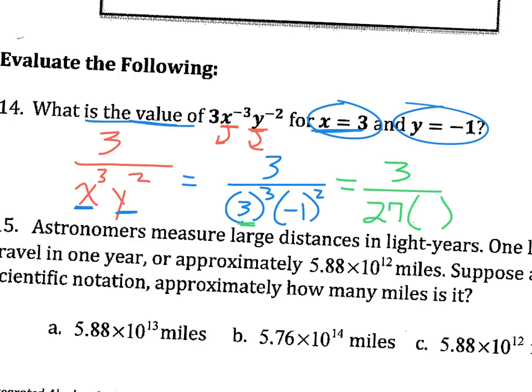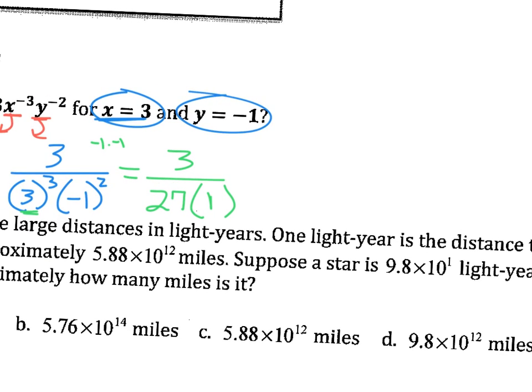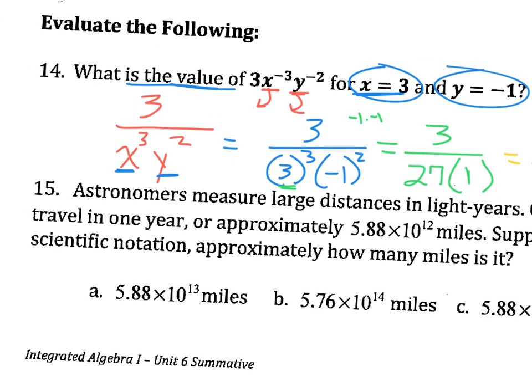What is -1 squared? That's -1 times -1. That's +1. So really, you have 3 over 27. And to be fully simplified, 1 over 9 is the simplified fraction. But again, flip your exponents first and take care of that, then plug in your numbers in parentheses.